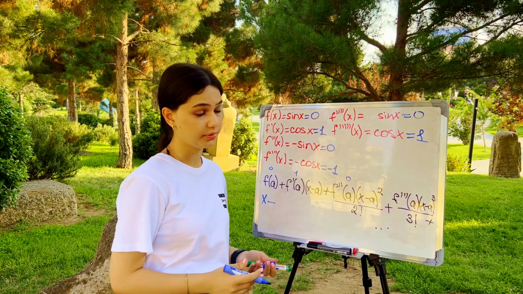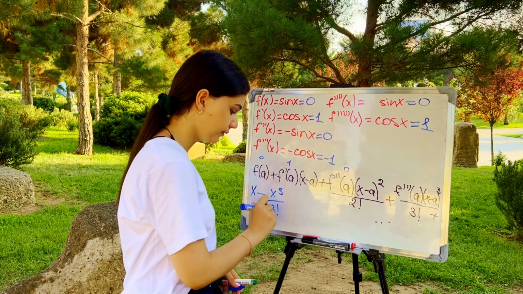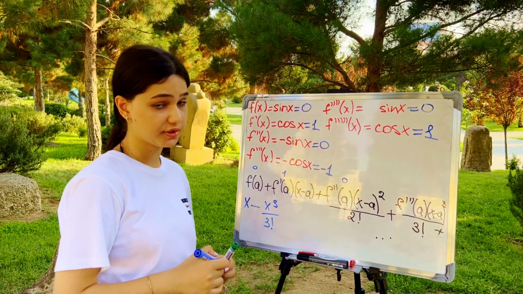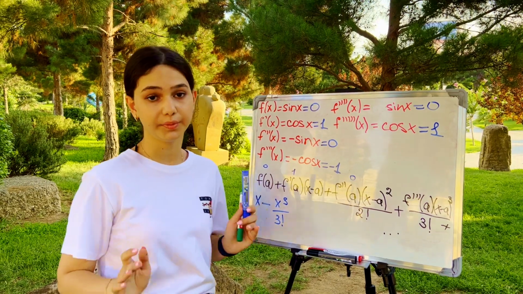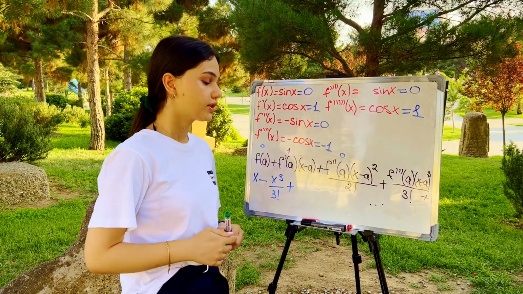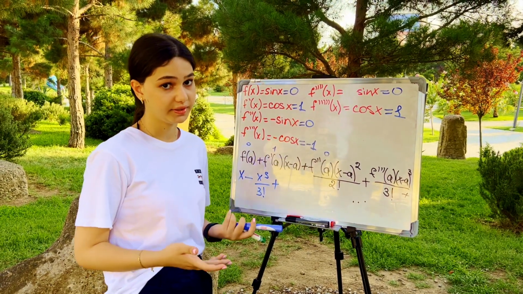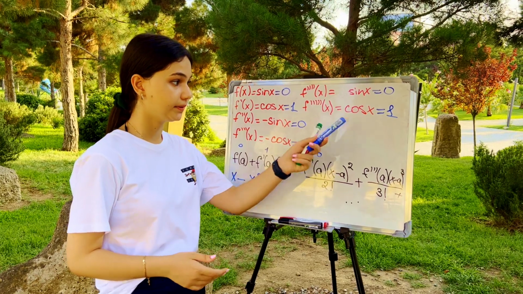x minus 0 is x cubed divided by 3 factorial. Let me write plus, and we'll see if it's plus or minus. So we can see that the fourth derivative is 0, and it will also disappear, and the fifth derivative is 1.